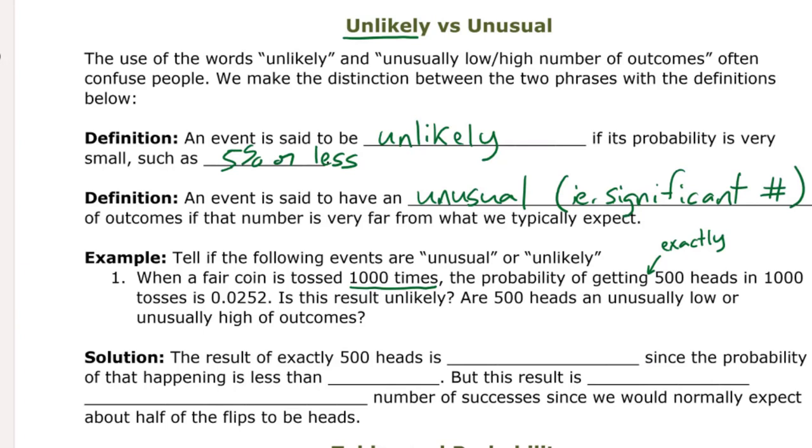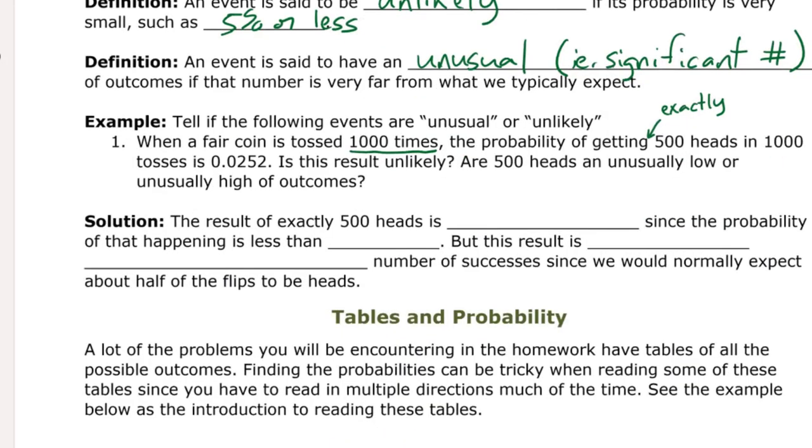Well, since the probability is 0.0252, this is actually going to be unlikely. So this is very unlikely to happen. So this is unlikely since the probability of that happening is less than 5%. A good number to use is 5%. But if we think about 500 heads, is 500 heads an unusual expectation? Well, not really. Normally, if we flip a coin 1,000 times, we expect about half of the coins to be heads. 500 is exactly half, actually.